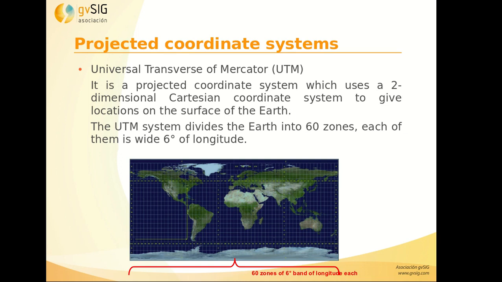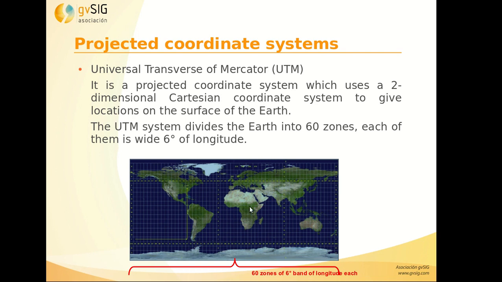The cylindrical one is used for one of the most used reference systems in the world: Universal Transverse Mercator, UTM. It has 60 zones divided in 6 degrees each, from the west to the east. So each zone is 6 degrees of longitude.